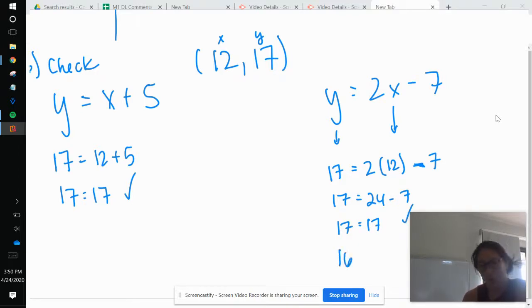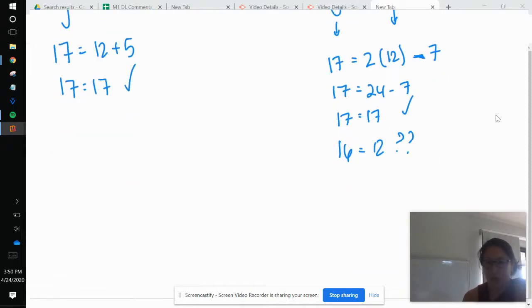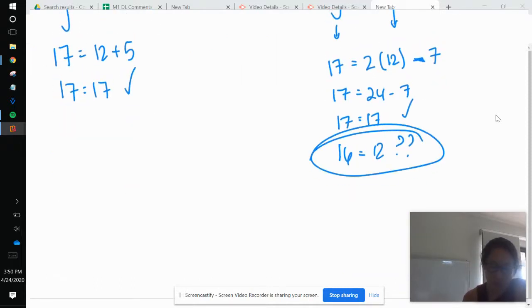What if you got something like 16 is equal to 12? If this happens, then the ordered pair that you tested is not the solution.